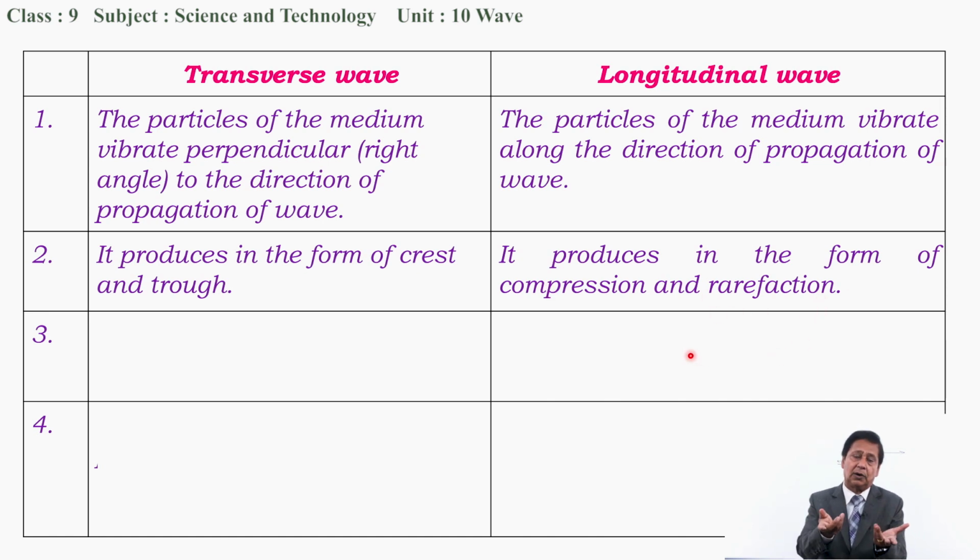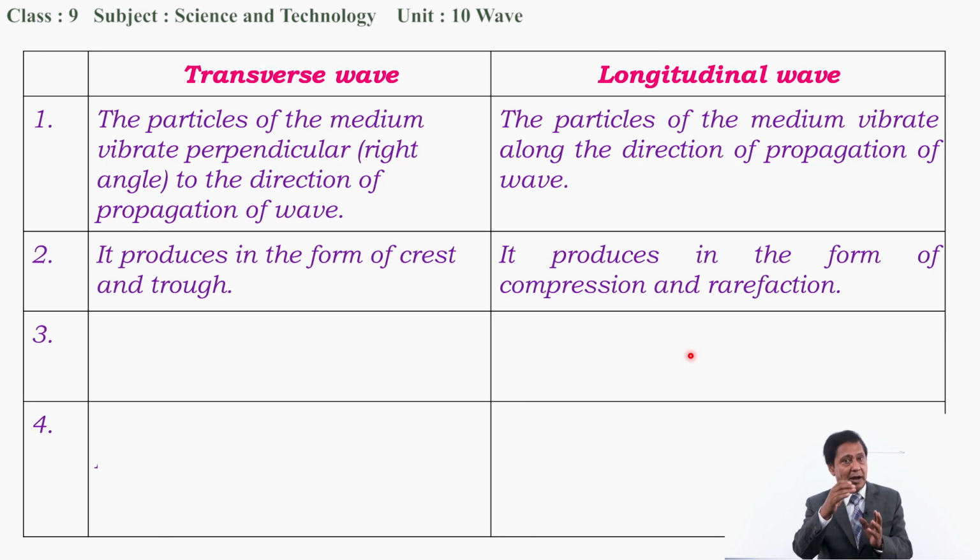What is it? Compression and rarefaction. When a sound wave is produced in air, at a certain part of the air the particles of the air come closer to each other, and that region of the wave is called compression. At another place, the particles of the medium, the particles of the air, move away from each other, and that region is called rarefaction.